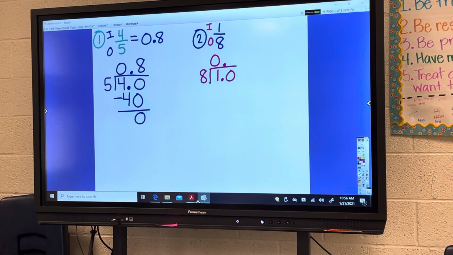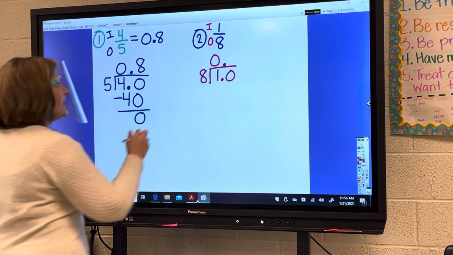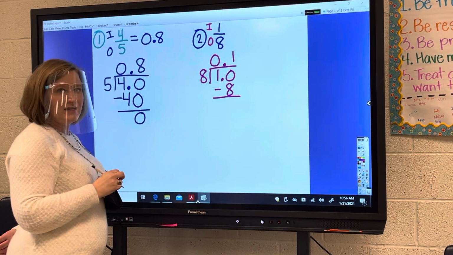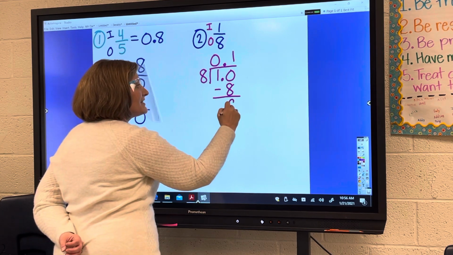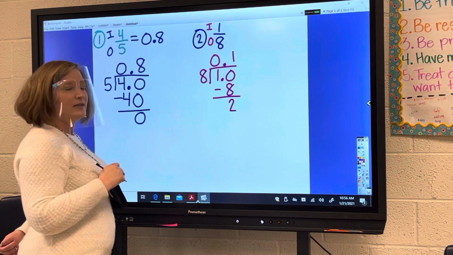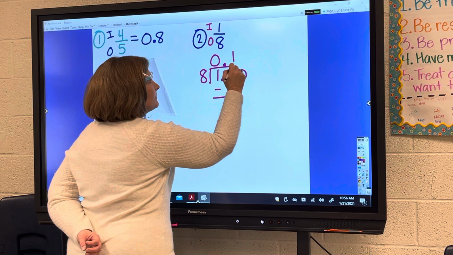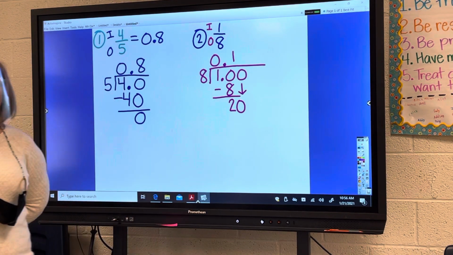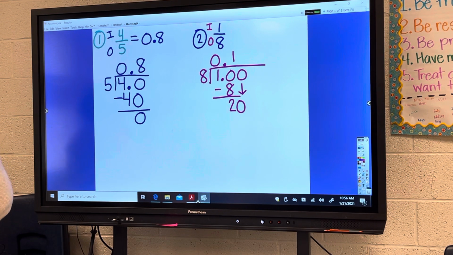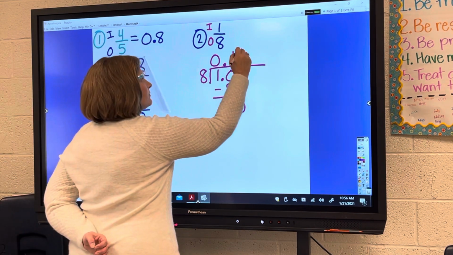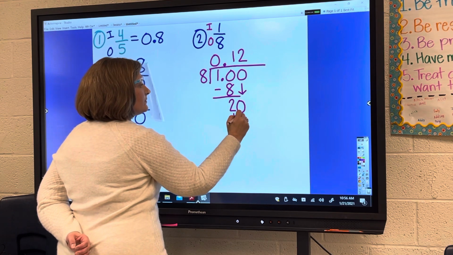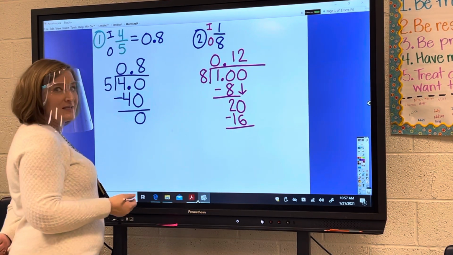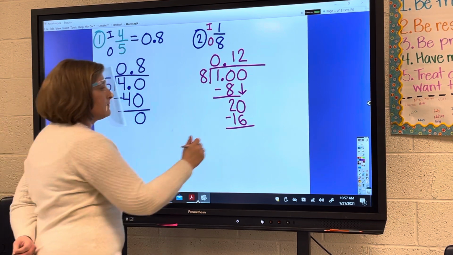How many times will 8 go into 10? 1. 1 times 8 is 8. 10 minus 8 is 2. Can I stop? No. So what do I need to do? Add in a 0. Bring my 0 down. 20 divided by 8 is 2. 2 times 8 is 16. Now, 20 minus 16 is 4.